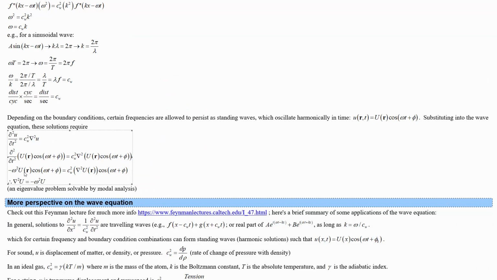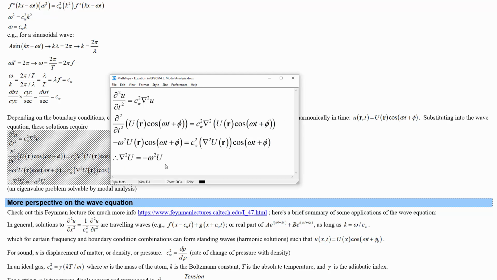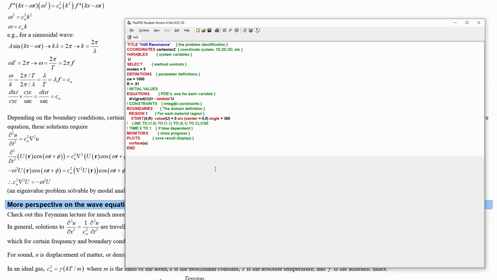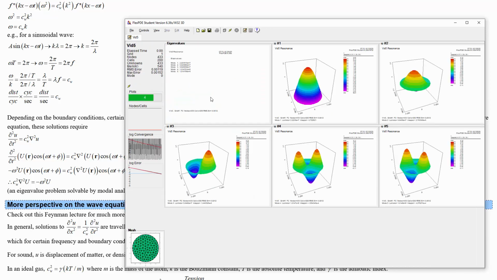This definitely doesn't seem quite right. We dropped the c squared. So over here, we need cw squared times del squared u equals negative lambda u. And that's in there now. I'll edit that back in the video. If you're watching this, you probably saw that already edited back in. Anyway, now that we've got this CW squared times that, we've got much different frequencies.